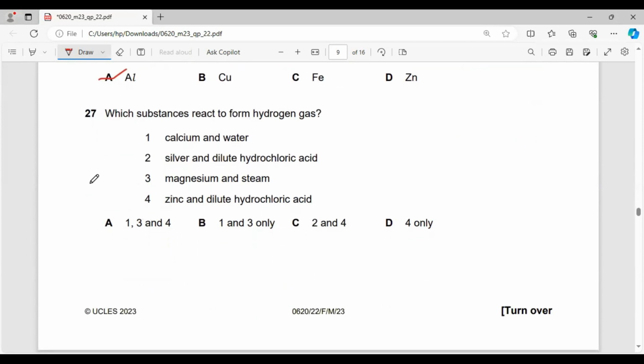Which substances react to form hydrogen gas? Calcium plus water, silver and dilute HCl, magnesium and steam, zinc and dilute HCl.